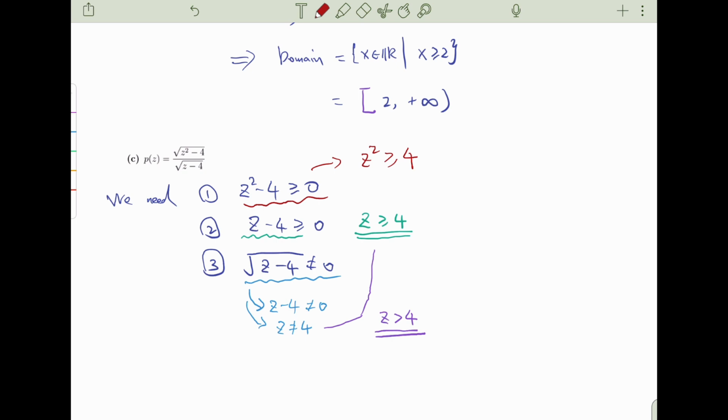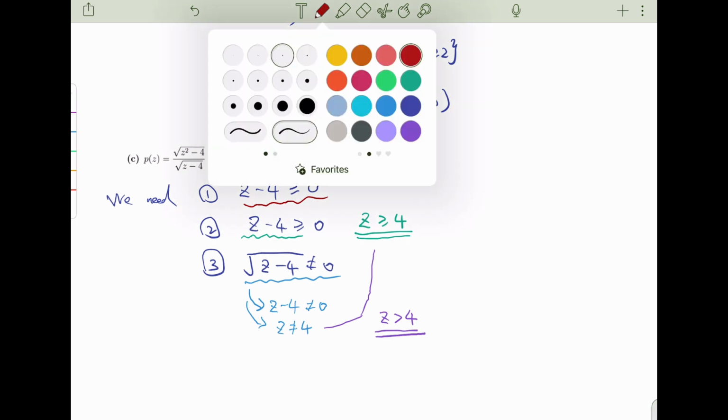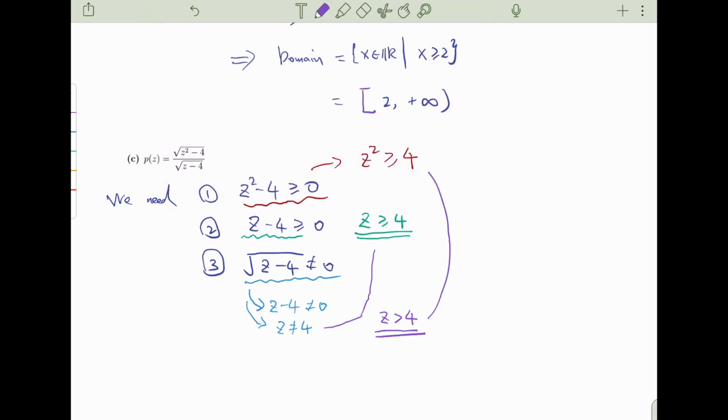We have to have z greater than 4 from condition 2 and 3. And now z squared greater than 4, we see that it's already guaranteed by this condition. If something is already greater than 4, that is a positive number, and then you take the square of this thing, it will just get even larger, right?